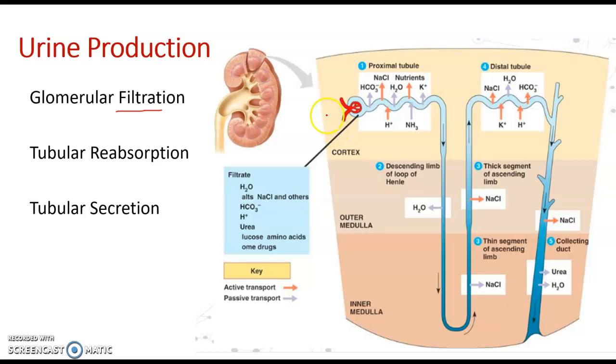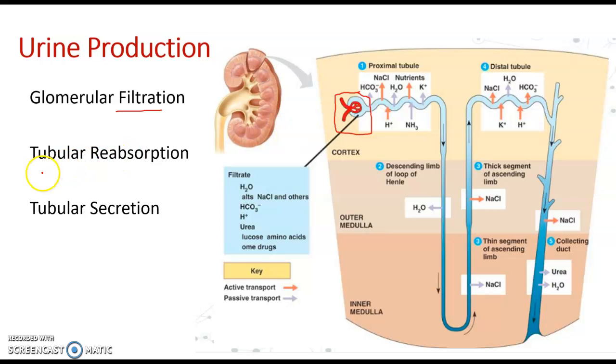The next 2 steps, we call them, of urine production, it gets a tiny bit confusing because they don't always happen like step 1, step 2, step 3. They don't happen in sequential order. Glomerular filtration has to happen here in the formation of that initial filtrate, the water and all of those dissolved solutes.